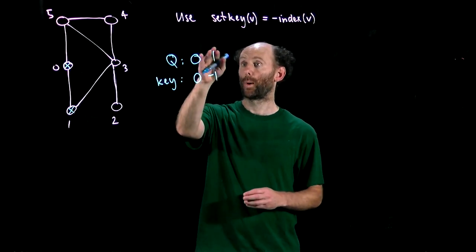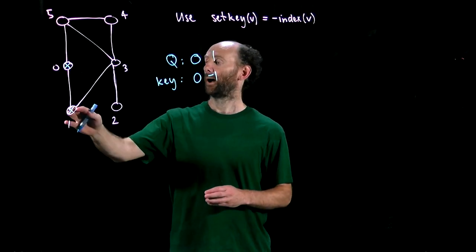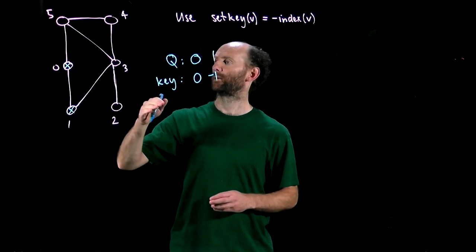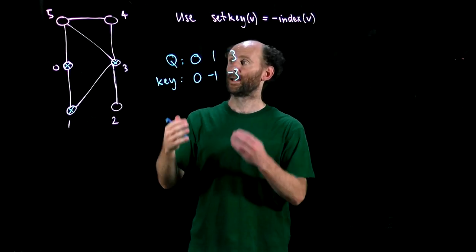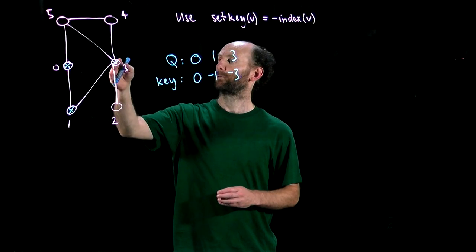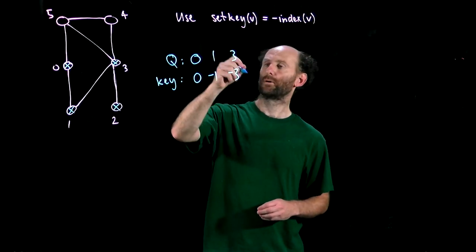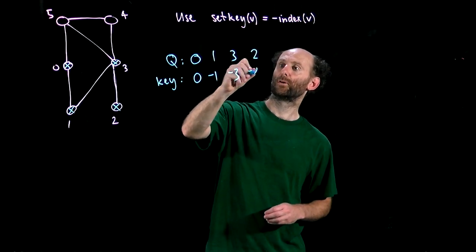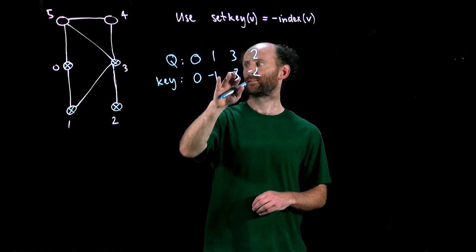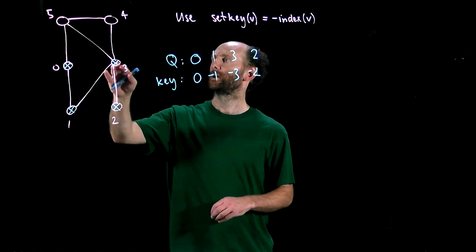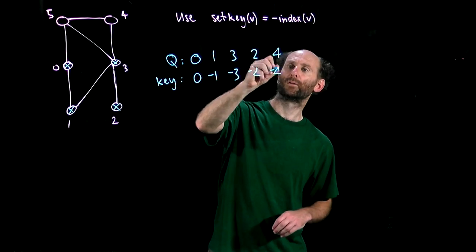So now I'm going to choose 1 because that's got the highest priority. I'll visit its white out neighbor 3. I'll pop that in the queue with key -3. So now I'll grab 3 and I'll visit 2. So the priority of 2 is -2. Now I'll visit 3 again because that's still got the highest priority, and it's got an out neighbor 4. This key is -4.